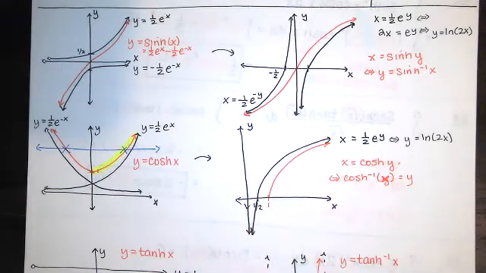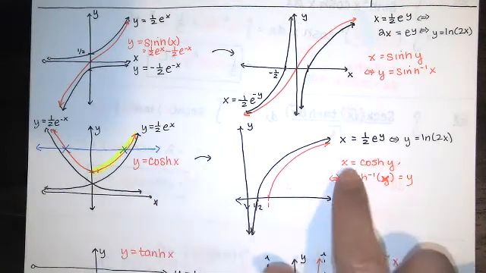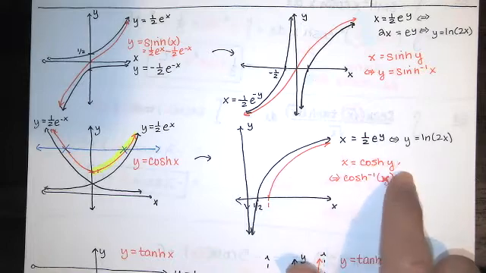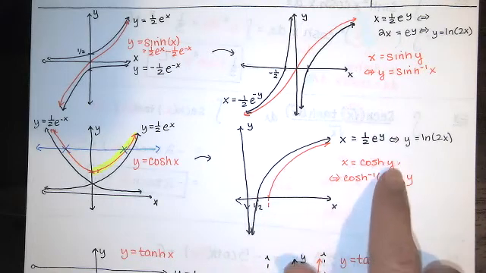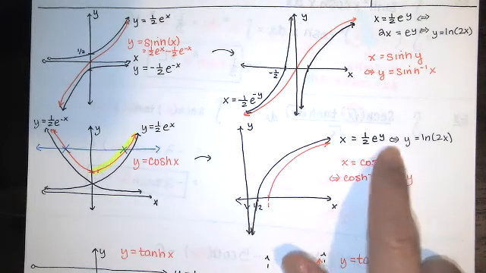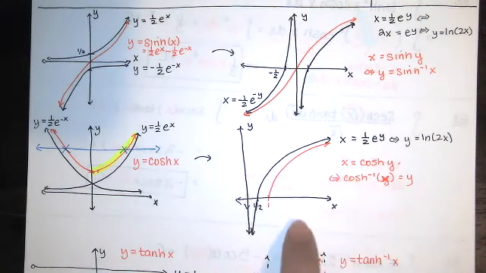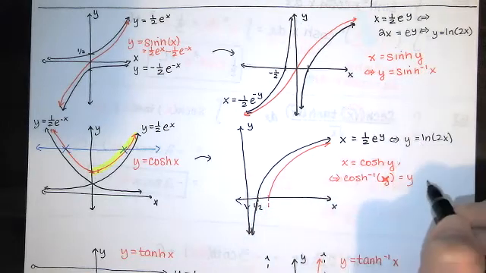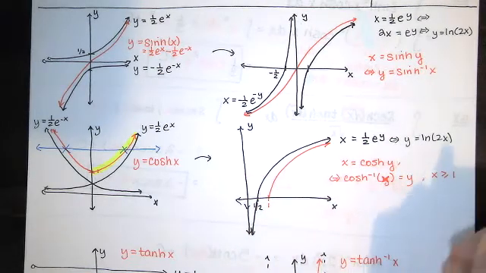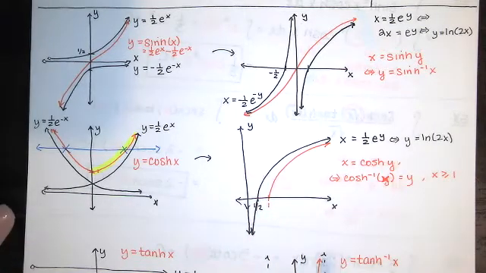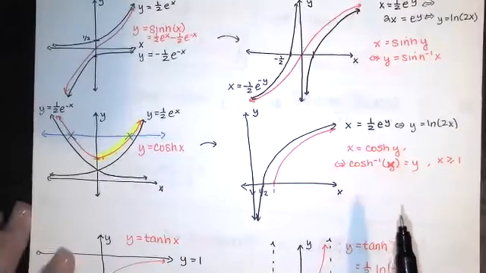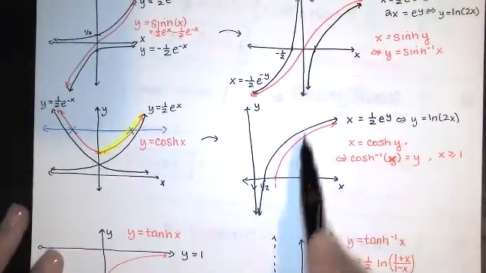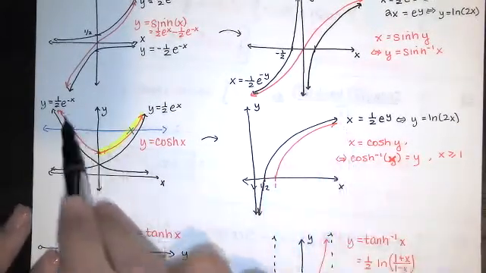So this is our graph, but there is a restriction. We're saying that x is equal to the hyperbolic cosine of y, but we're requiring y to be greater than or equal to 0, and we're requiring x to be greater than or equal to 1. So the domain is 1 to infinity. And those y values are going to be 0 to infinity, not negative infinity to infinity like we might expect from over here.